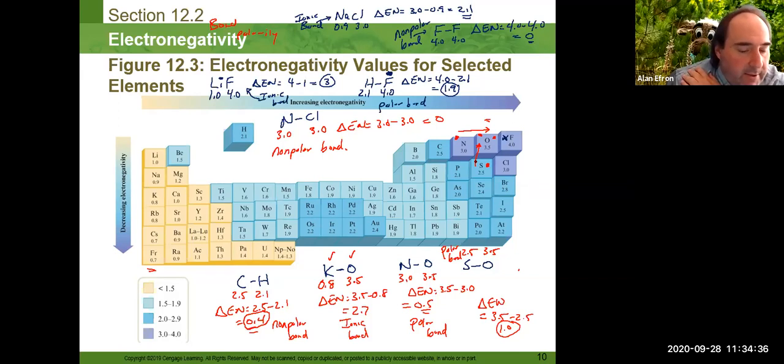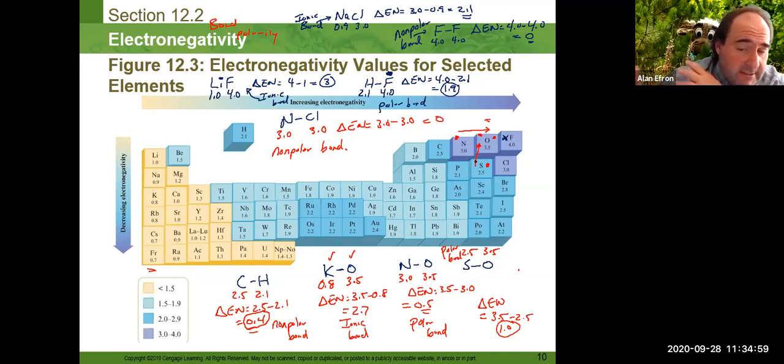And you can make a pretty educated guess that it is going to be a polar bond. So a lot of times, even if you don't have this table available to you, based on the locations of the two elements, you can make a pretty educated guess as to whether you would expect the bond to be polar, nonpolar, or ionic.